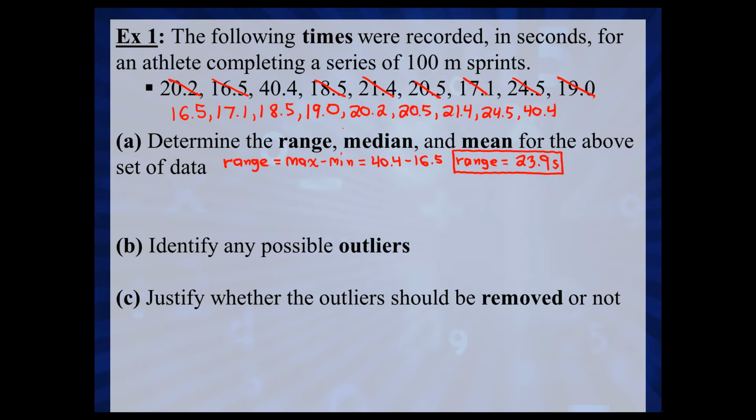Let's figure out the median. The median is the middle number. So let's see what happens if we go in by one number every time. If we go in by 1, go in by 2, go in by 3, go in by 4, then this remaining number would be the median.